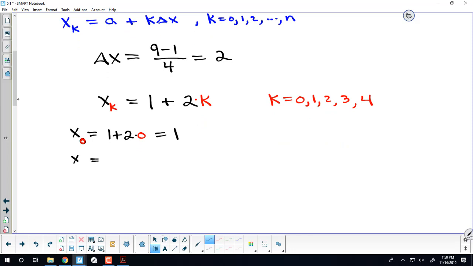X sub 1 is 1 plus 2 times 1. So the second grid point is 3.